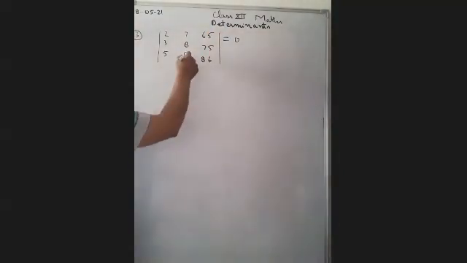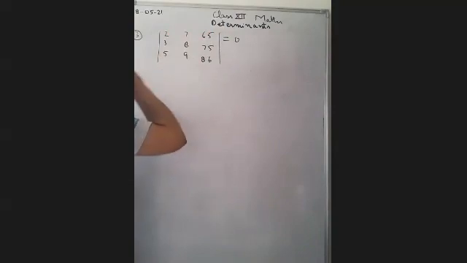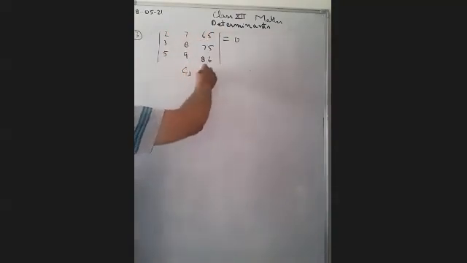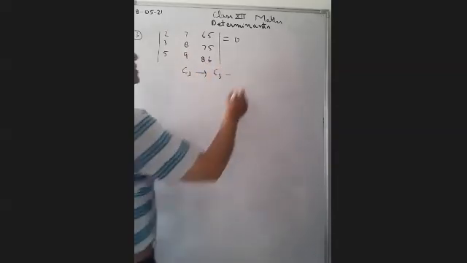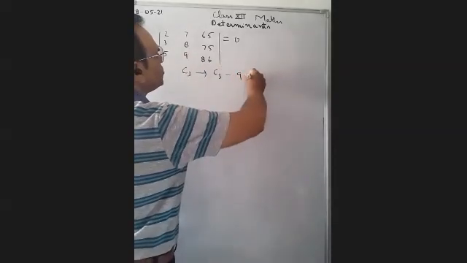So what operation are we adopting? ठीक है, 2 3 5, 7 8 9, अगर हम माइनस करते हैं कोई रिलेशन नहीं बनता, तो if we apply C3 minus 9 C2, what will happen?